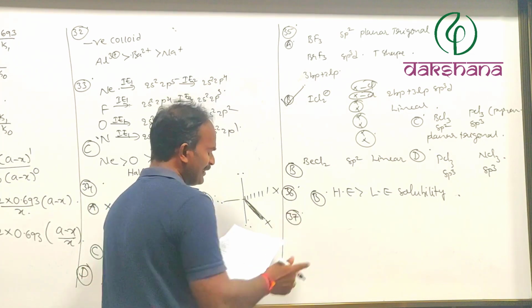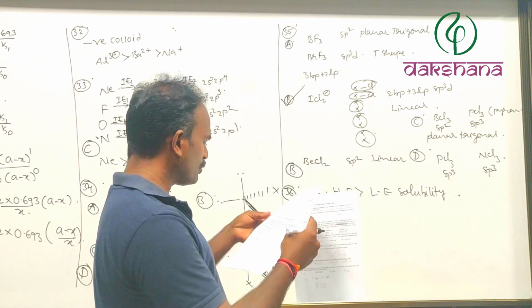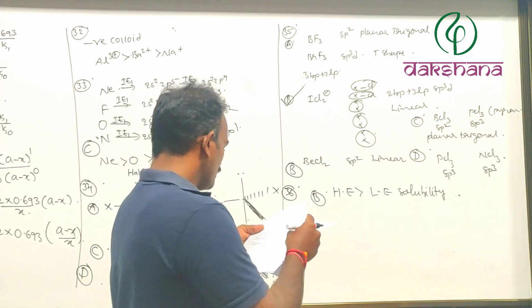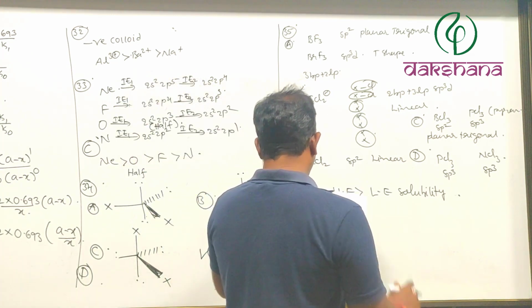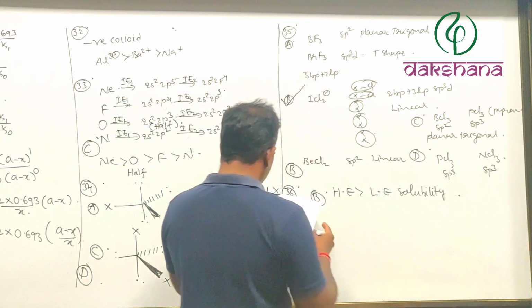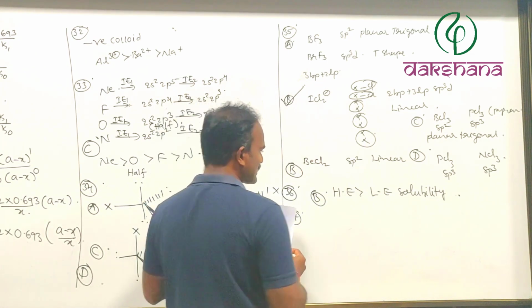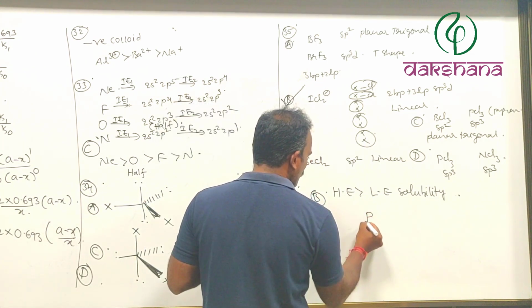Question number 37. When it comes to question number 37, cyclotrimetaphosphoric acid, HPO3 taken thrice.